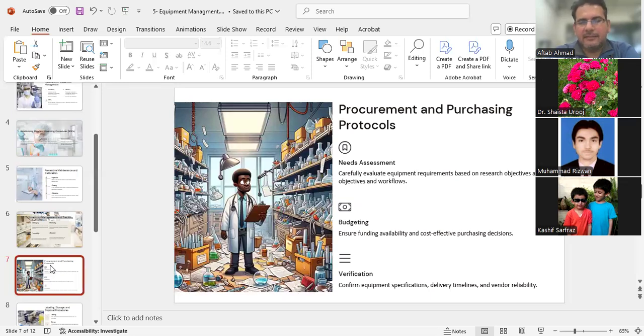Another important thing is budgeting. Budgeting is very important, especially from the Pakistani perspective. Sometimes you want to establish a laboratory but you don't have much budget, yet you want to run the protocols and follow GLP.